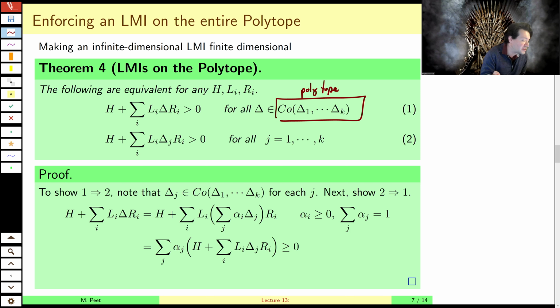We can also have an objective function, but we're just looking at the feasibility problem for now. So what we're trying to enforce is an LMI, and this is a general form. We can represent almost any LMI in this form.